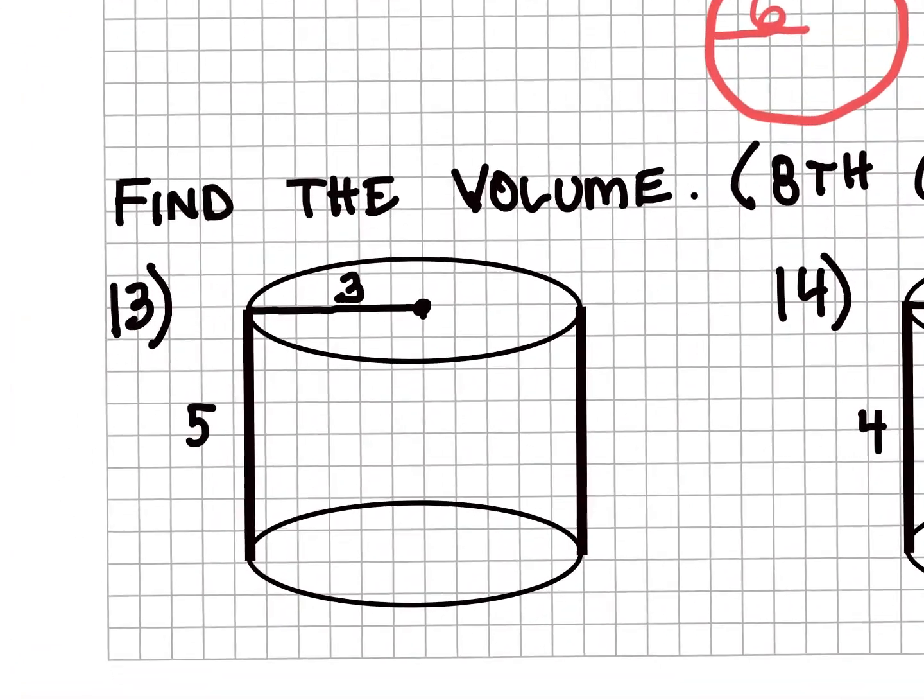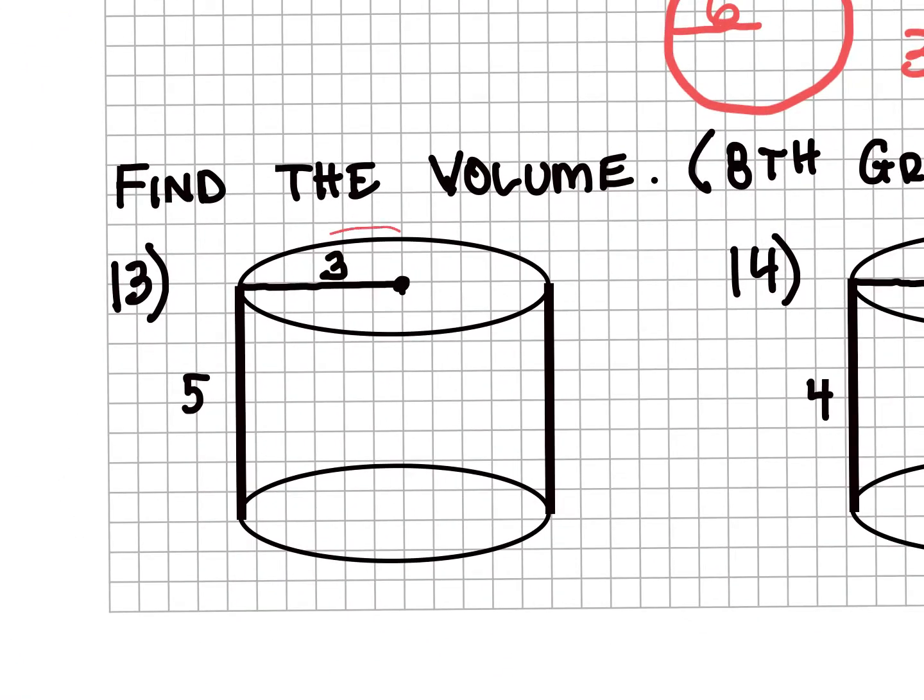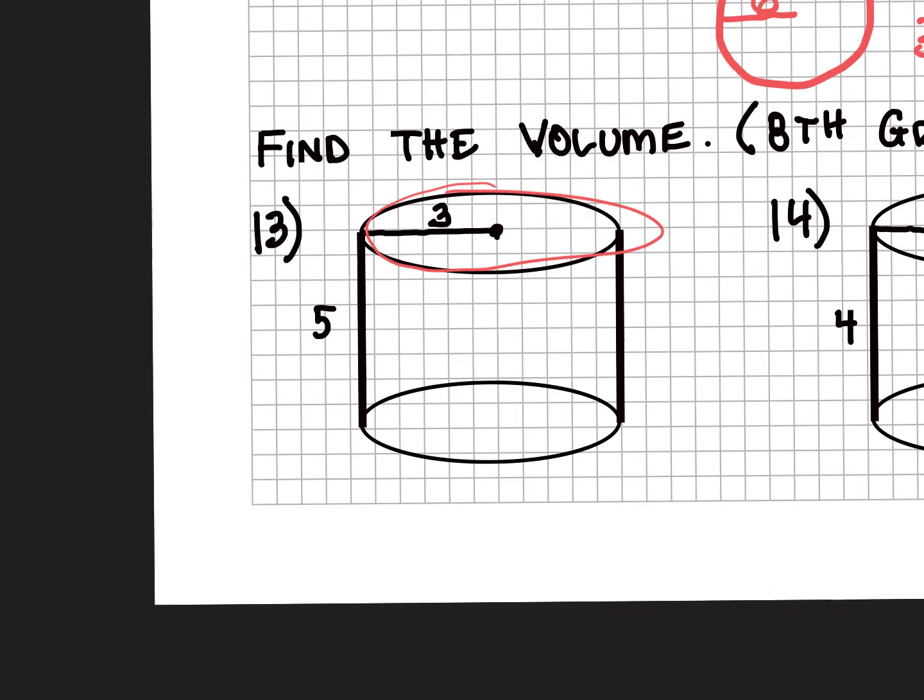Okay, for 13, this should be easy now. You can easily get the area of this circle. All you do is get the area of that circle, and we'll call that the base of this shape. So the volume equals the base of that shape. We just find the area of the circle, area equals pi r squared. 3 is the radius, so area equals 9 pi units squared.